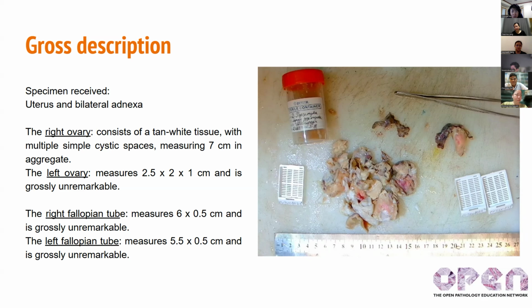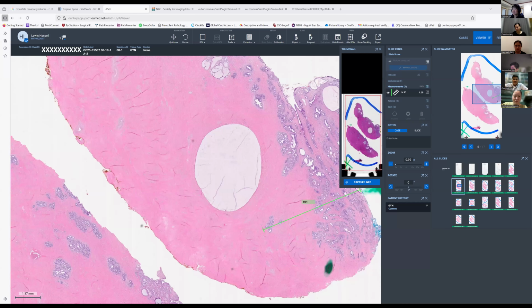Okay, well, I have an interesting case that I thought we could also present for discussion today from a very recent case that came to my attention. This is a 45-year-old woman who had an abnormal pap smear with atypical glandular cells.